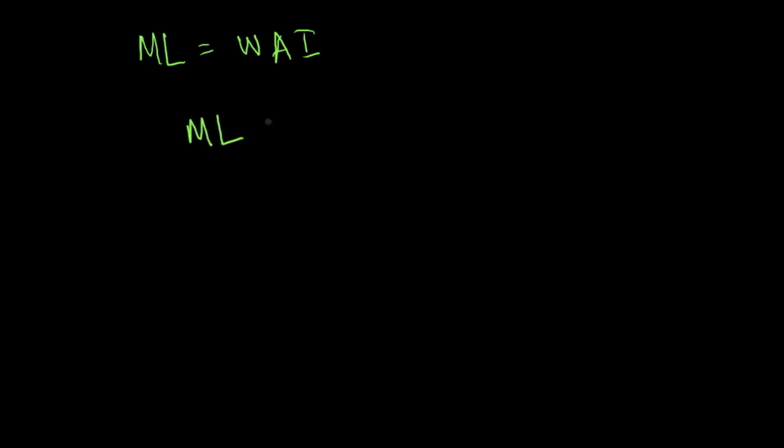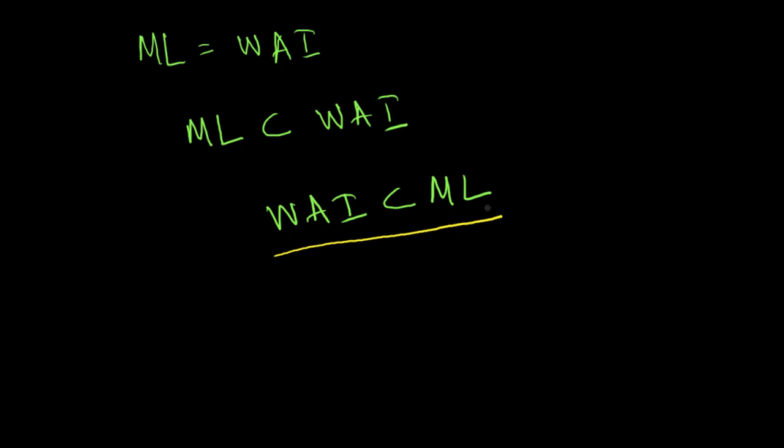The second option is that ML is a subset of weak AI. And the third option is that weak AI is a subset of machine learning. Now this again does not have a very clear answer and different people in the field may have different opinions depending on what is defined to be machine learning and what is defined to be weak AI. But I would like to say that weak AI is a subset of machine learning algorithms in a broad sense.